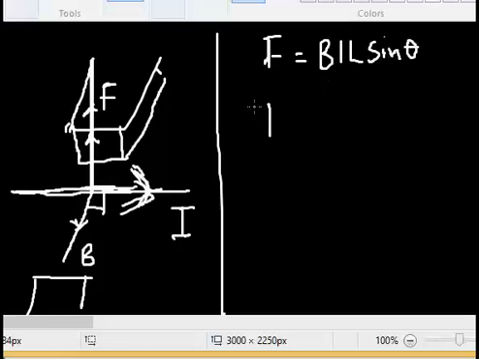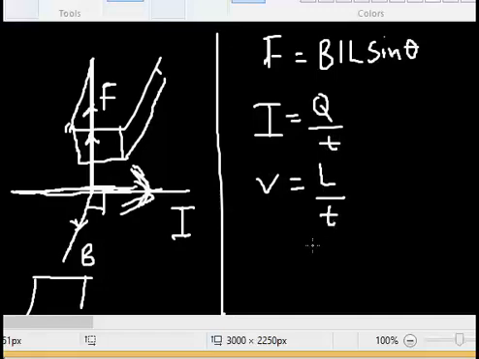We already know that current is the quantity of charge divided by time, and we also know that velocity is the displacement, which is the length of the wire, over time. So if I make length the subject, length is equal to Vt.